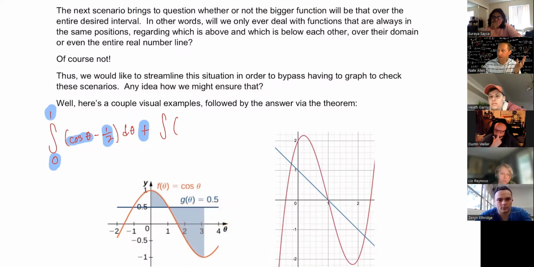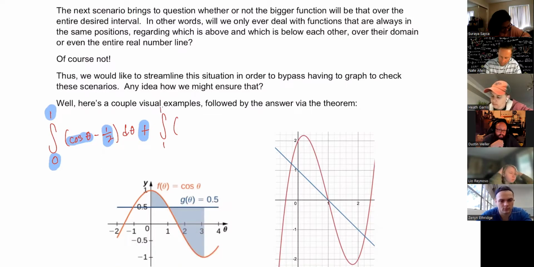So the cool thing is you don't even have to think about it. It's always going to be the bigger one minus the smaller one. So yeah, for that one, we would go from 1 to pi, but we would have the 1/2 minus the cosine theta. And again, if those are our heights, we still need our width.